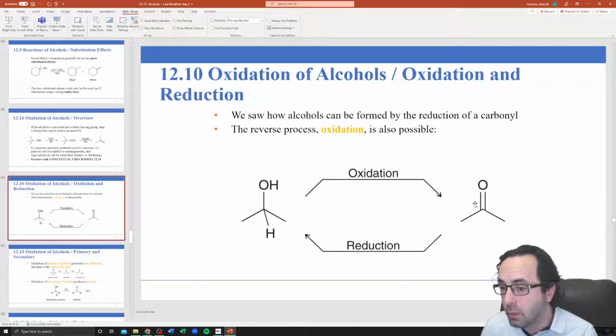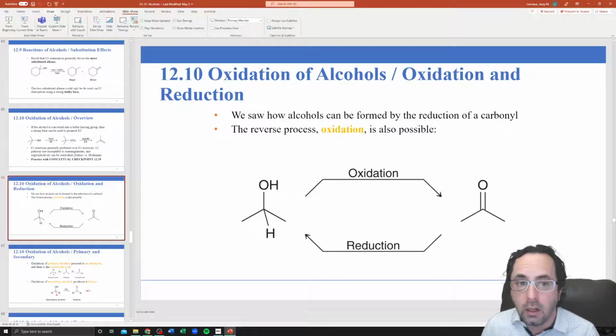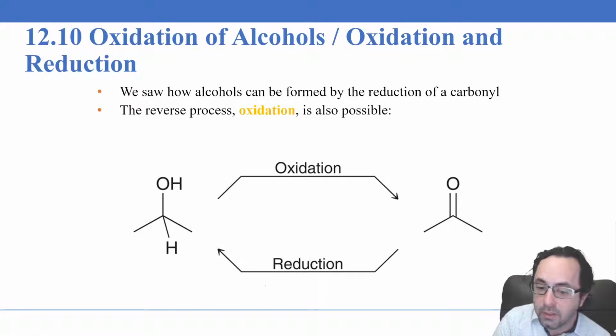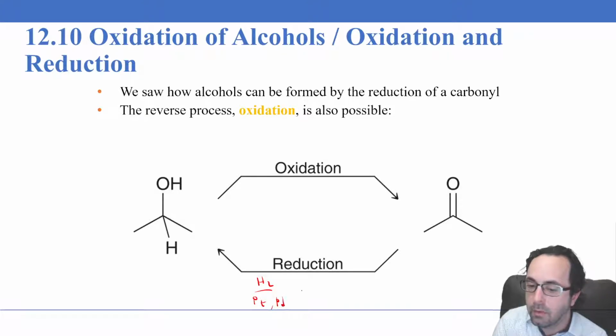So we've talked about the reduction so far of carbonyls to make alcohols. We use catalytic hydrogenation. So just to recall, we use H2 with platinum or palladium.